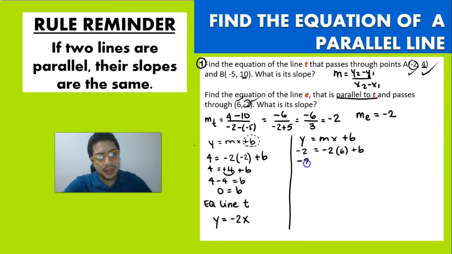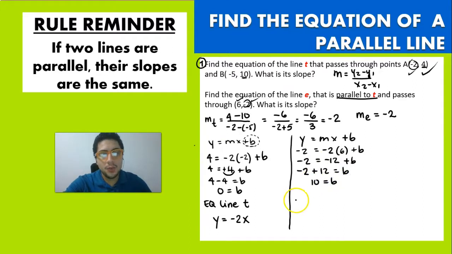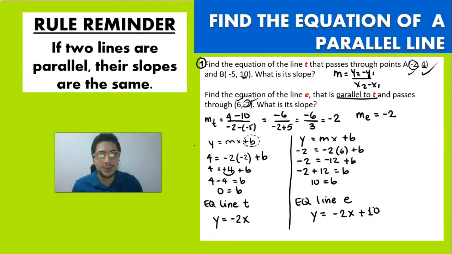Now we know that minus 2 equals minus 2 times 6, which is minus 12, plus b. This minus 12 is going to pass to the other side, right? So that means that our answer of b is going to be 10, which means that our equation of line E is going to be y is equal to minus 2x plus 10, because in this case we do have a value for b.